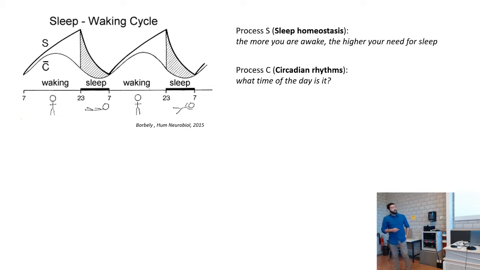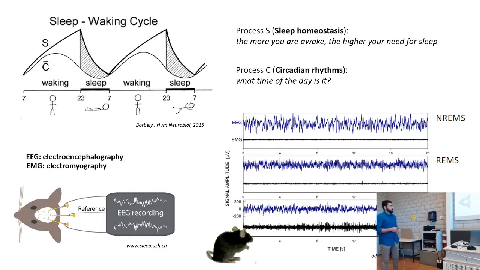Now, one other aspect that is very important for us is how we do basic research on sleep. And we do so by using models, and in this case, mice. So we put electrodes on the skull of mice, and we are able to record their brain waves. By doing so, we get something that looks like this.